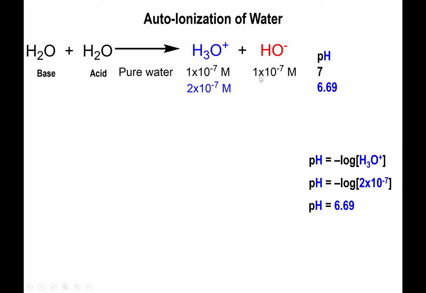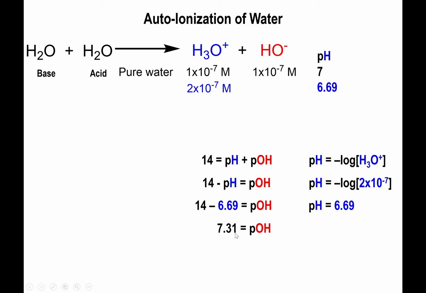All right, now there's another way to get the hydroxide concentration, and it's by first determining the pOH. We know that the pH plus pOH equals 14. So now that we know the pH is 6.69, we could subtract that from 14 to give us the pOH. So 14 minus 6.69 equals 7.31. And to get the hydroxide concentration for this, we do something known as the anti-log.